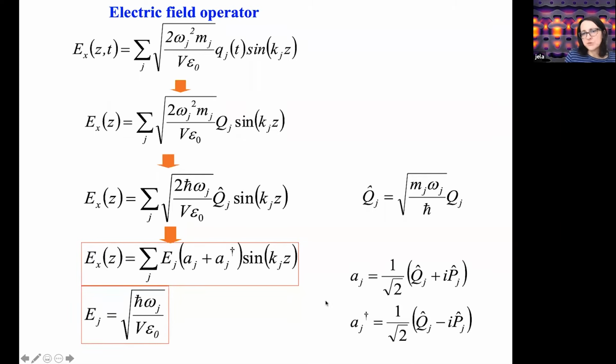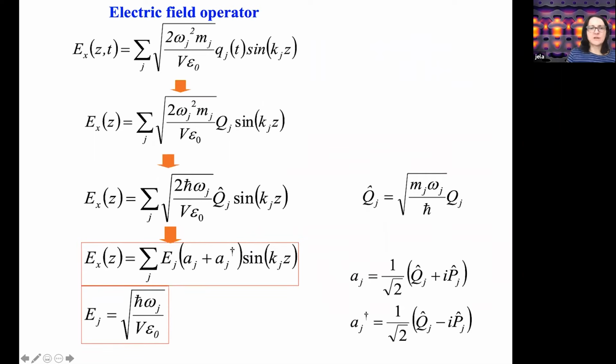When you add up these two expressions, you have A dagger plus A divided by √2, and we can write that here. And this gives us the operator for electric field, represented in terms of annihilation and creation operators, which have more meaning in this system, but you can actually see that spatial dependence of electric field is preserved through the whole process. And all of the constants up front, we will label as some amplitude EJ.